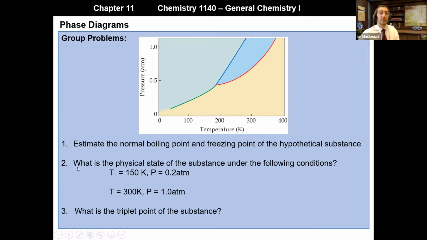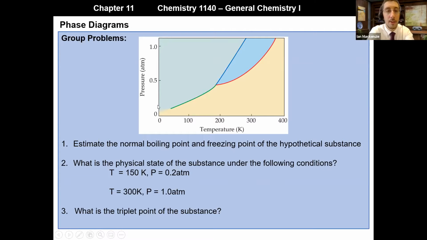Now, I can ask what is the physical state of the substance under certain conditions and simply find those values on the graph and then detect which region they exist in. So temperature of 150 Kelvin and pressure of 0.2 atmospheres. Well, 150 Kelvin is right here. 0.2 atmospheres, well, half of 0.5 is 0.25, so 0.2 is maybe at around this region right here.